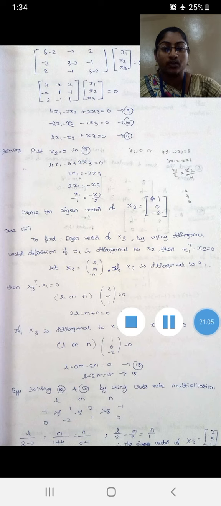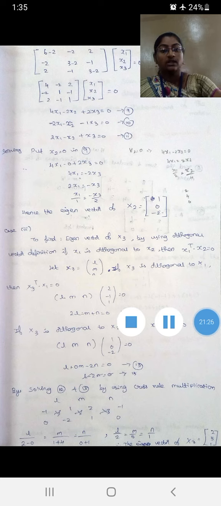Dividing both sides by 2, 2x1 equal to minus x3. So x1 divided by 1 equals minus x3 divided by 2. Here the value of x1 is 1, x2 is 0, x3 is minus 2. Hence the eigenvector x2 is 1, 0, minus 2.